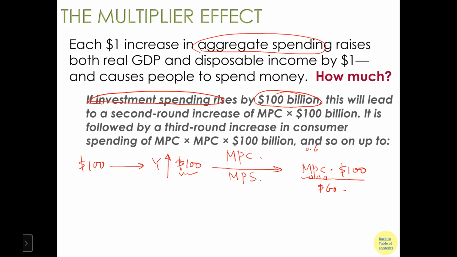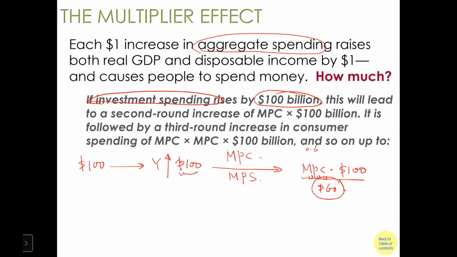Now, what next? Actually, the story won't stop here. We have a next step. This 60 billion will become somebody else's income, depending on how you spend it, right? Some may buy durables, like a car, a computer, or a house. Somebody else may increase their spending on non-durables, like travel, dining, groceries, or tuition, right?